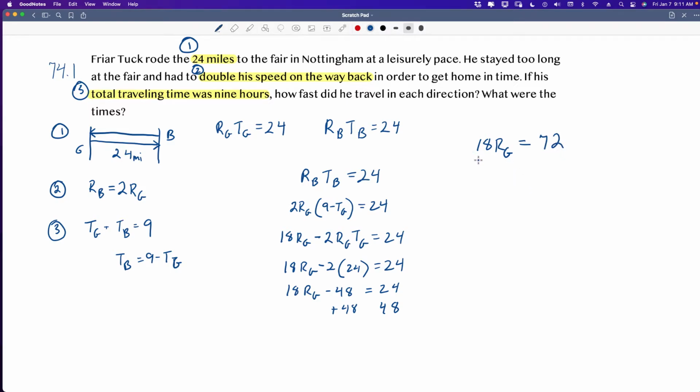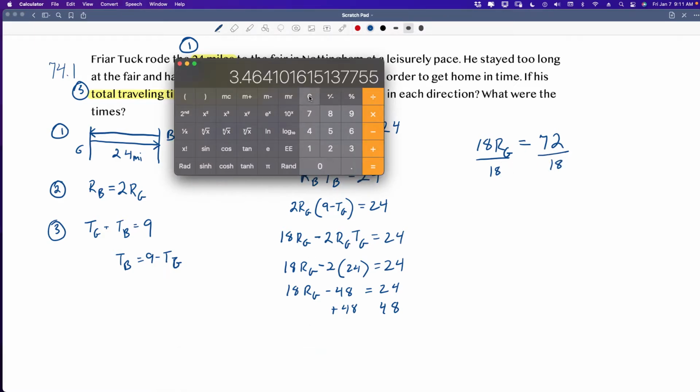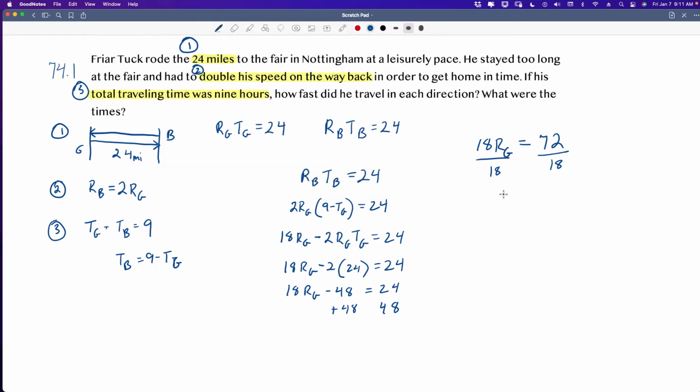All right, so now all we do is divide both sides by 18, which I'm going to need a calculator for because I can't do that in my head, is 4. So RG is equal to 4. How about that? So I'm going to write up here what our actual values are: RG, TG, RB, and TB.